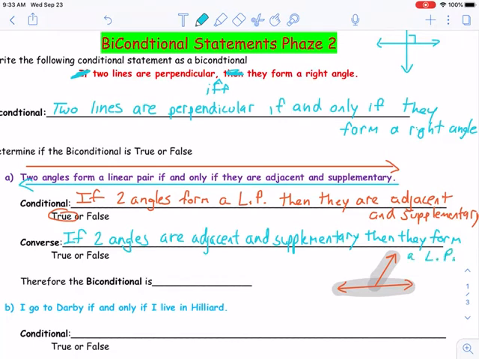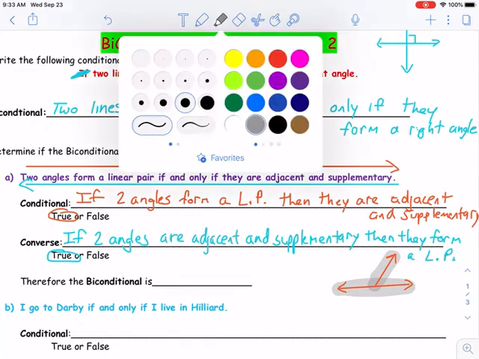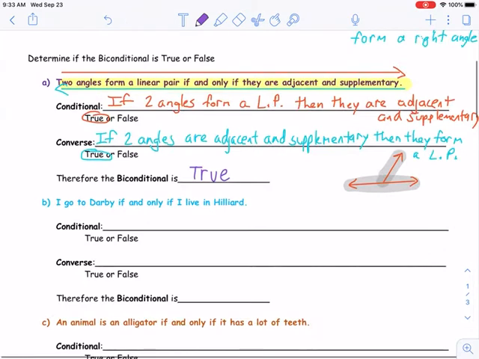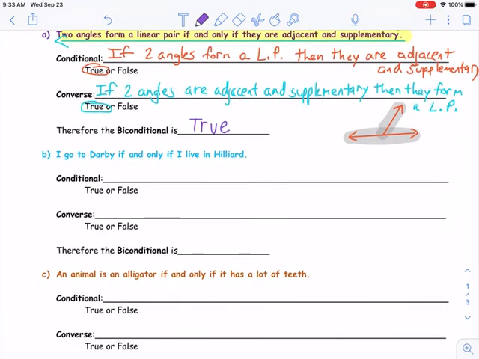Again, I kind of ran out of room. If two angles are adjacent and supplementary, then they form a linear pair. Well, that also happens to be true. All right, so this biconditional that we read at the beginning, two angles form a linear pair if and only if they are adjacent and supplementary, that is true, because all forms are true, so the biconditional is true. Cool beans.